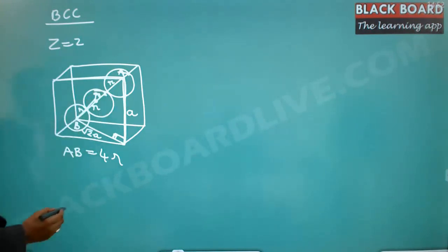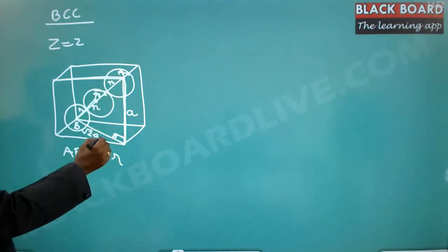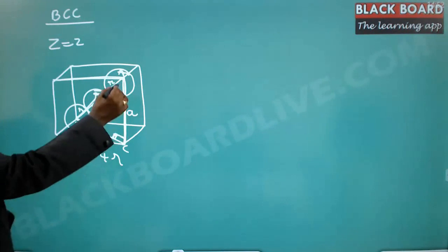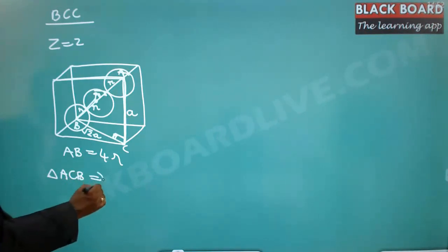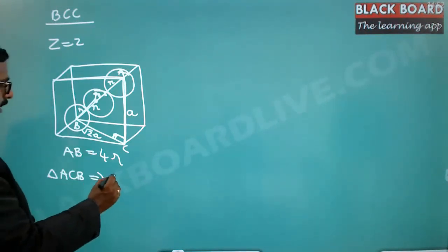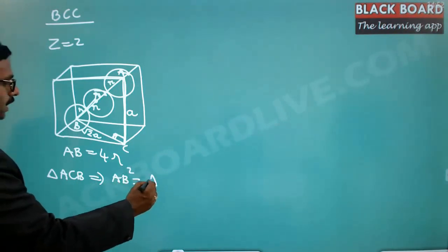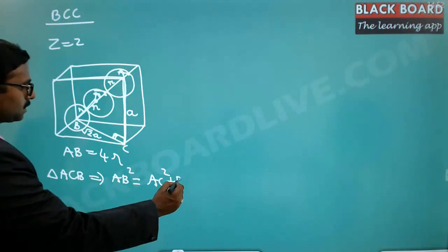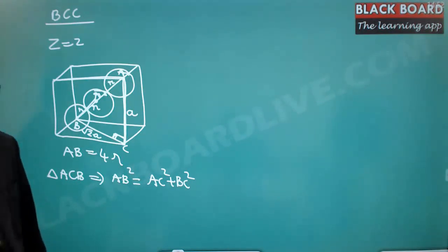It has 4R. Now, in a right angle triangle ACB, AB square is equal to AC square plus BC square.